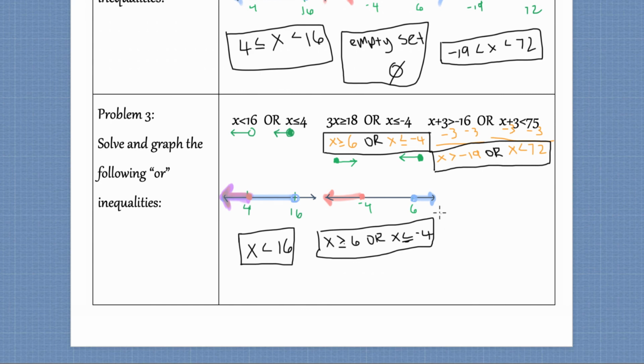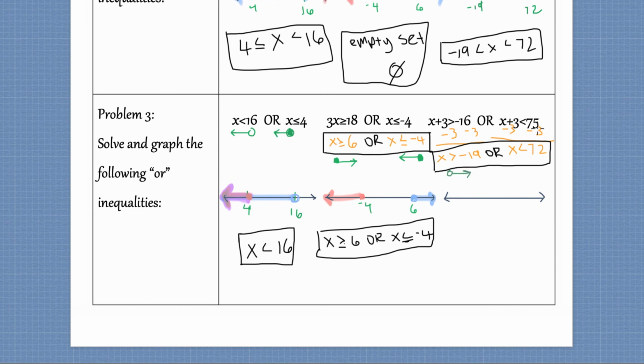So now we're going to graph this, and we're going to figure out if we use open or closed circles. For our one on the left, it says x is greater than -19, and so that shows us that we're going to have an open circle, and since the solutions are greater than -19, our arrow is going to be pointed to the right.